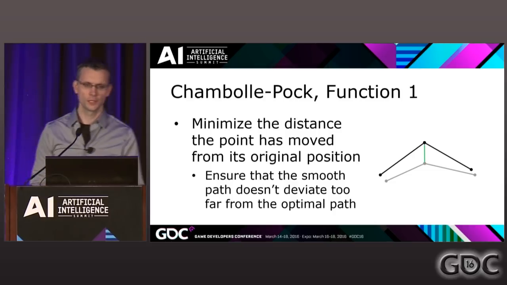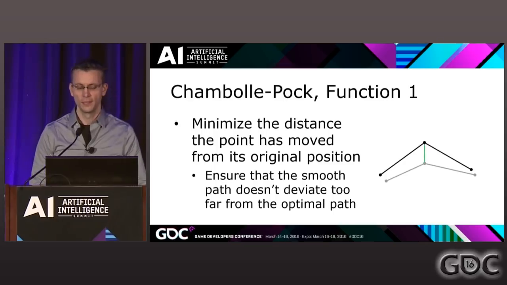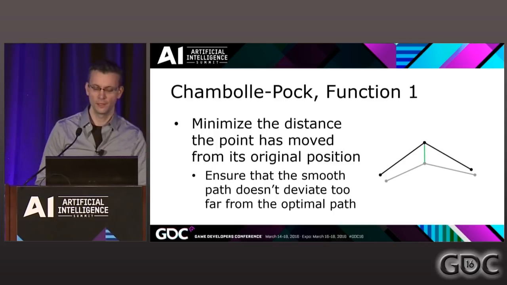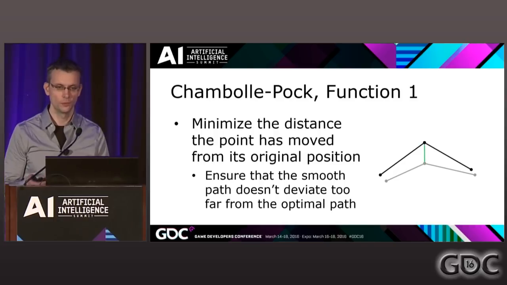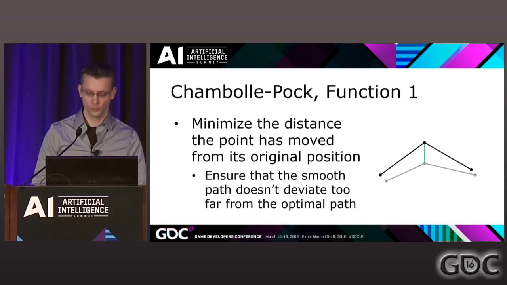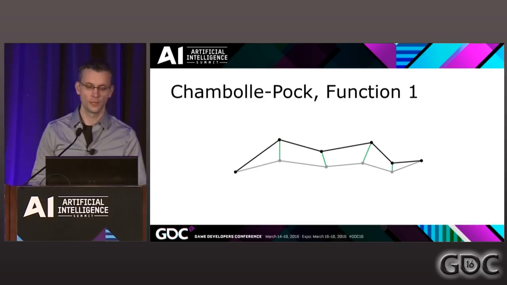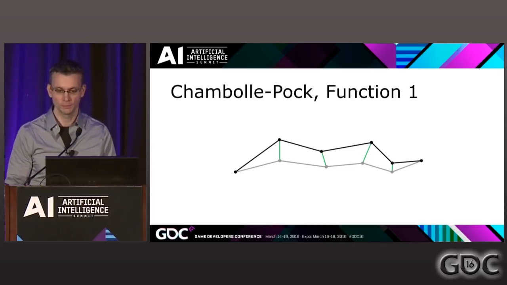So if we look at this picture, the gray line would be the original optimized path, and the black line would be where the path is now in its current iteration. And the green line then is the distance the waypoint has moved from its original position, and that is what function 1 is trying to minimize. So if we look at an entire path, what function 1 is trying to minimize is the sum of all these distances that all the waypoints have moved away from the original optimal path.